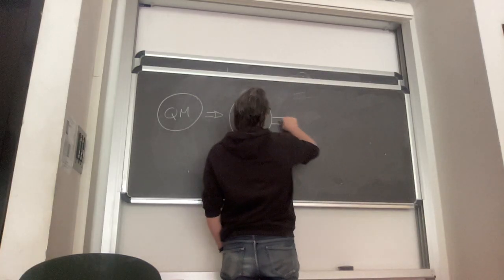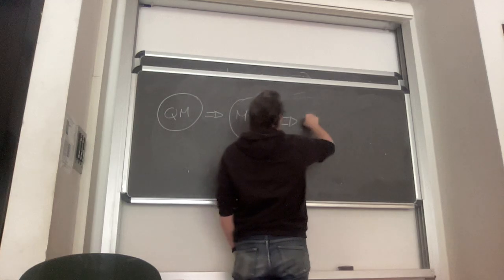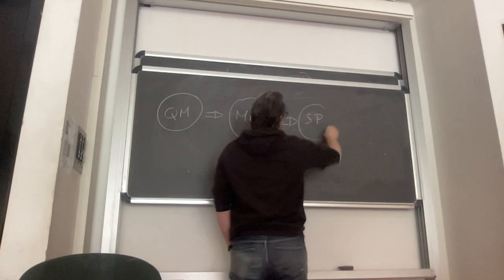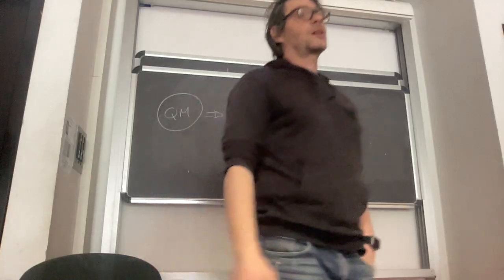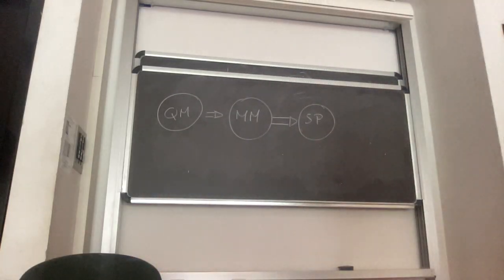But then we went into a statistical physics approach because we realized that we needed that. If we want to study macromolecular dynamics, we don't know the initial conditions, we don't know the positions of all the atoms, we need a statistical approach.